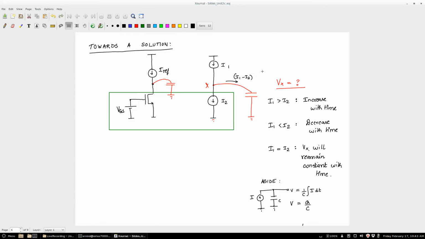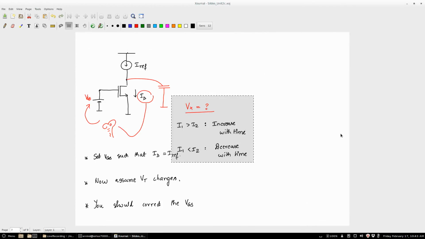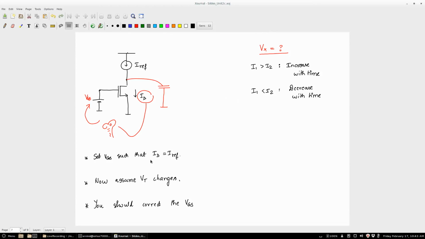So the current that is passing through the transistor, say, has gone down. Then what should you do to VGS? You should boost your VGS up. If you boost VGS up, then the ID will increase. Okay? Now let us go back to what we had in the previous case. And then you guys can work out what one should do.